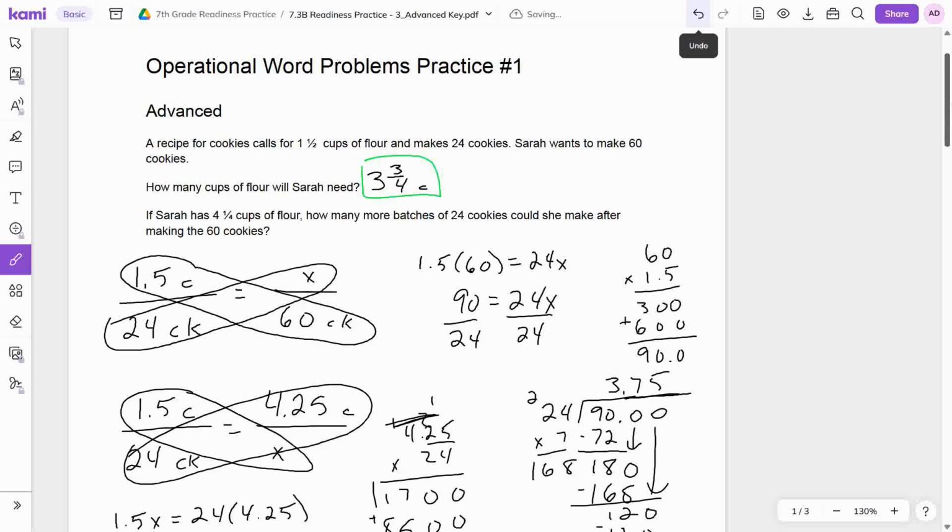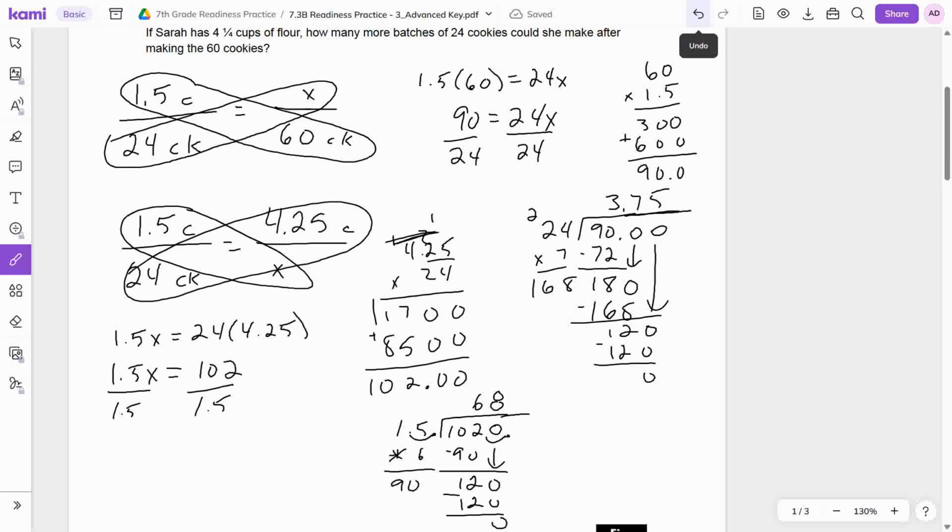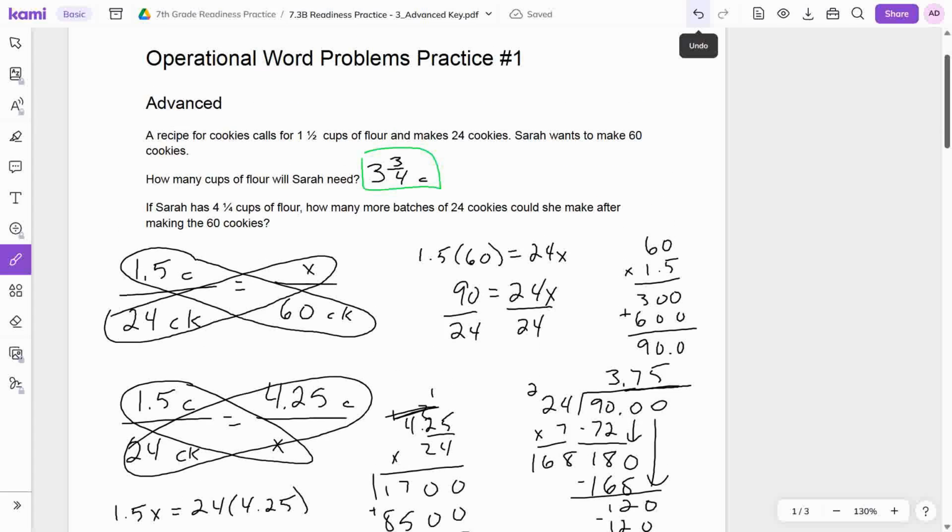All right, so here's my new total, right? So if I had 4.25 cups of flour makes, then I've got 68. Now, here's my question. My question doesn't say how much can Sarah make. The question is, if she has 4 1/4 cups of flour, how many more batches of 24 cookies could she make after she makes the 60?